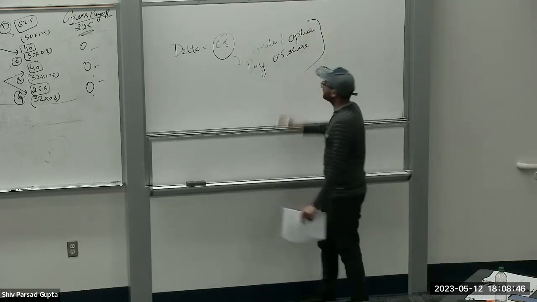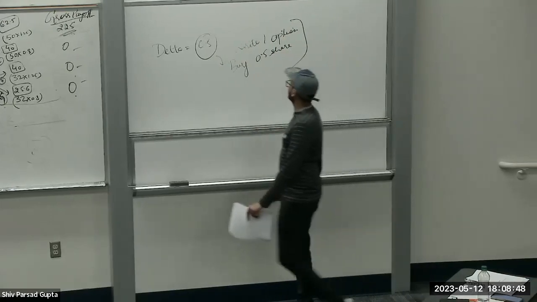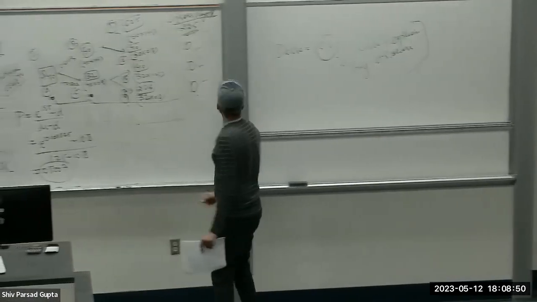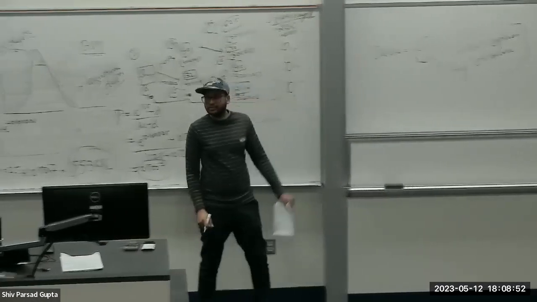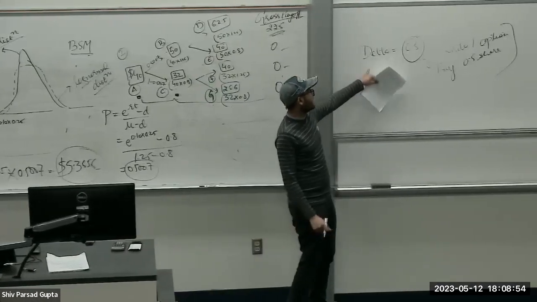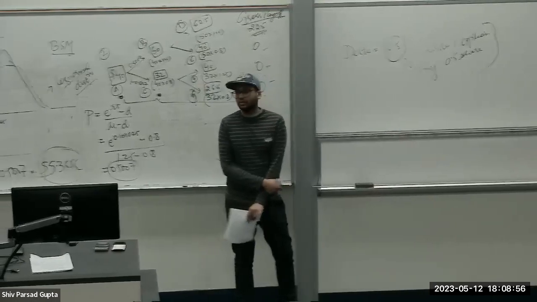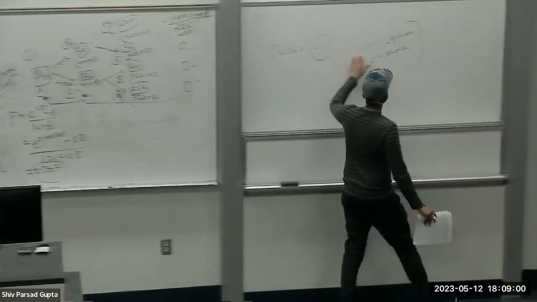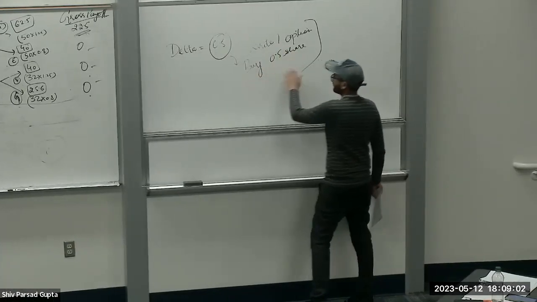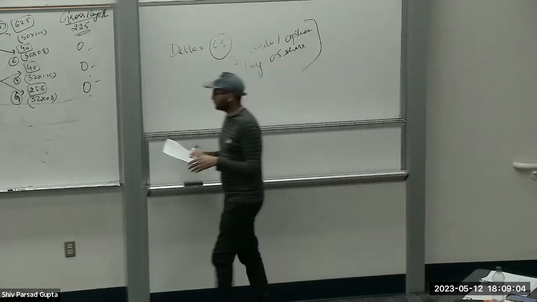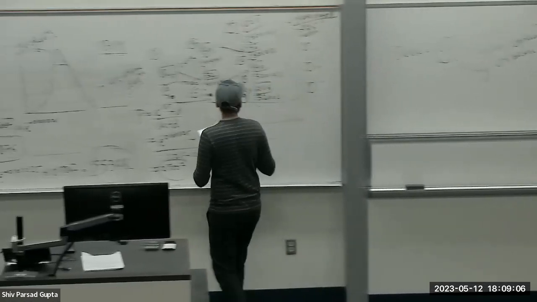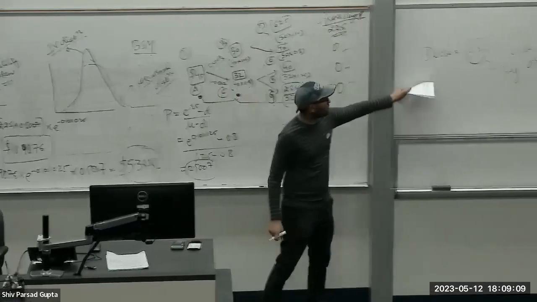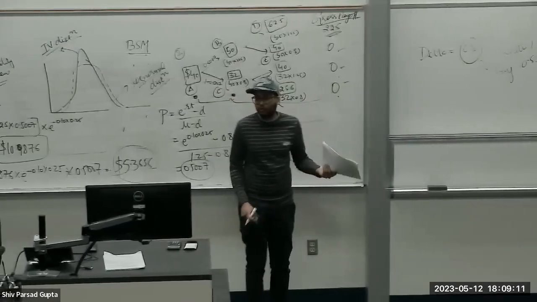You're always long on the shares. It's basically a strategy to create a delta neutral hedging strategy. So to create a delta neutral hedge, if delta is 0.5, you'll have to write one call option and buy 0.5 share. Using this concept, we can calculate how many shares we need to hold.